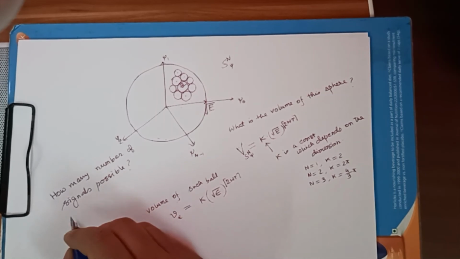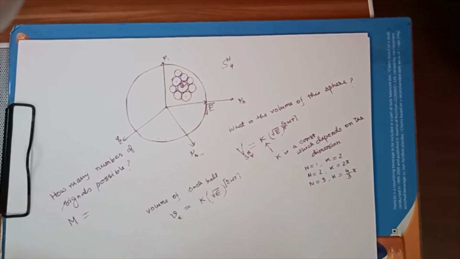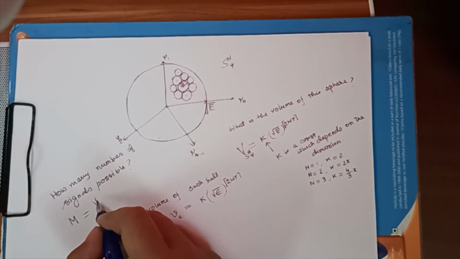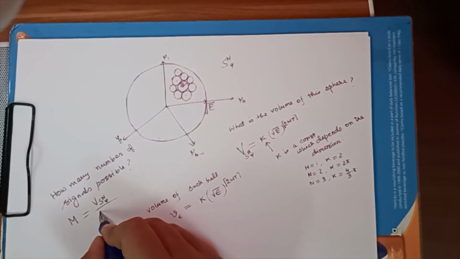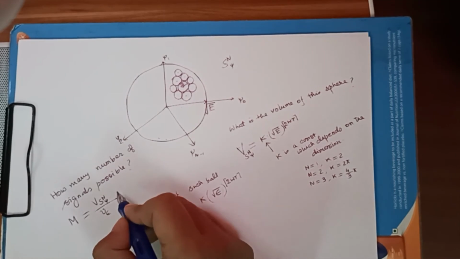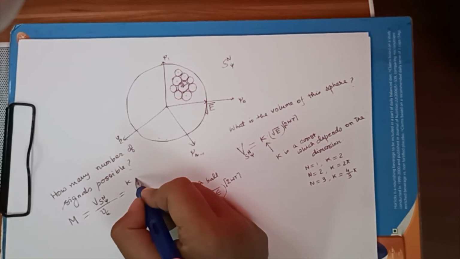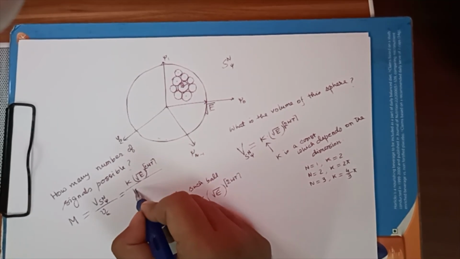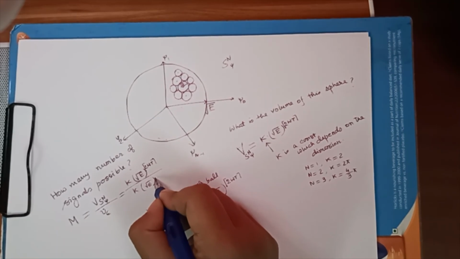So that number, I can say some M, which is the number of the signals, is equal to the volume of the entire space divided by the volume of the epsilon ball, which is k into root E whole to the power 2WT divided by k into root epsilon whole to the power 2WT.